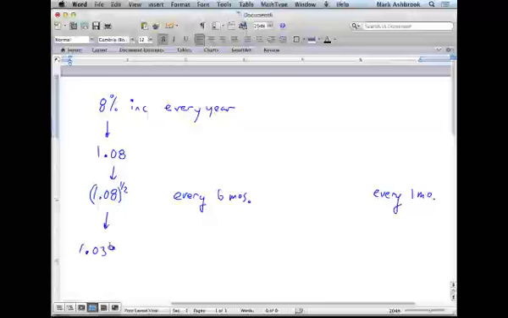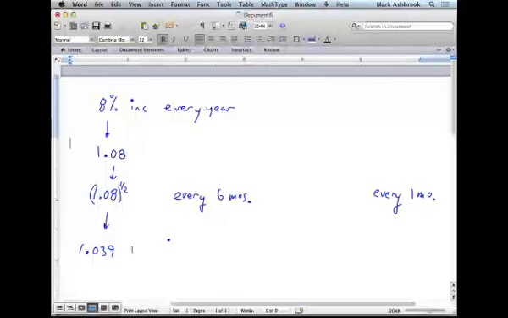Cool. And that would be 4% or 3.9% increase. Right? So this is what we talked about. Get the growth factor, transfer by the growth factor, then get the corresponding percent change. So 3.9% every 6 months.